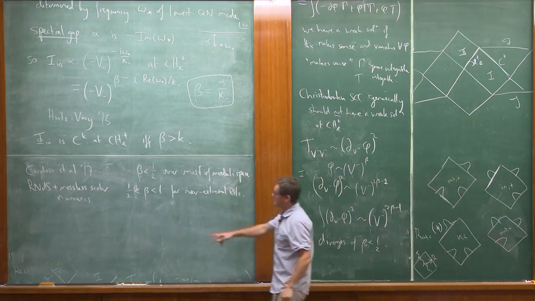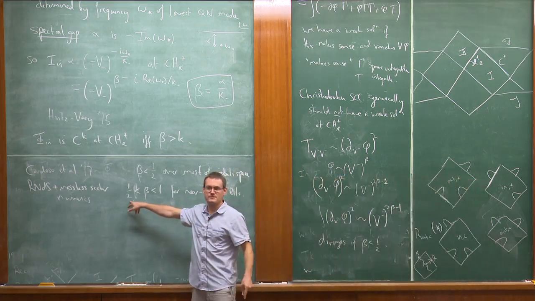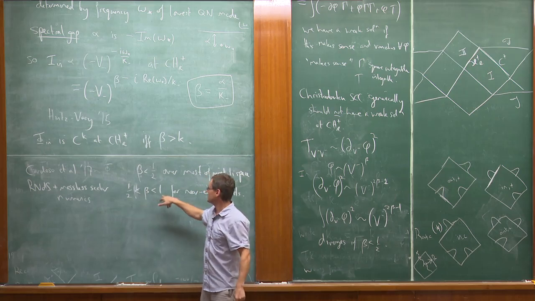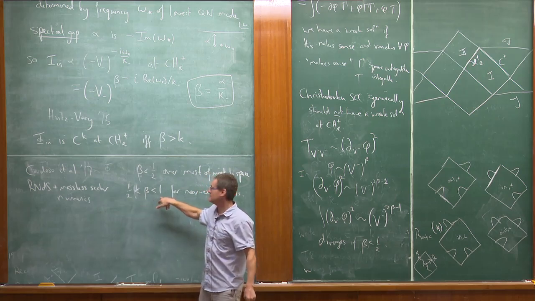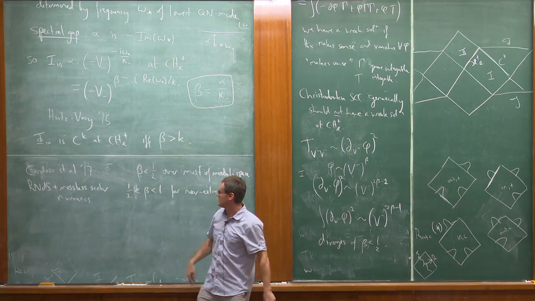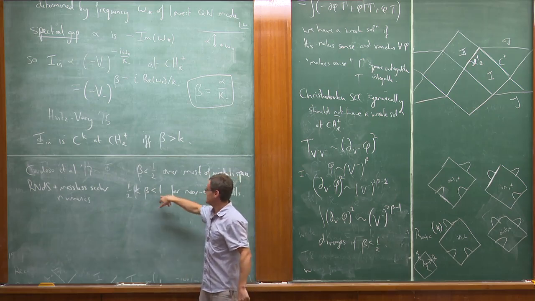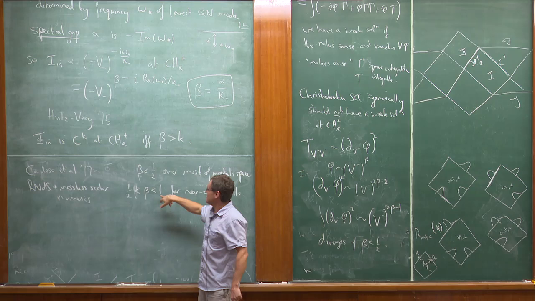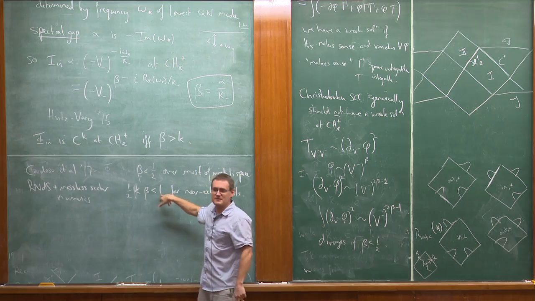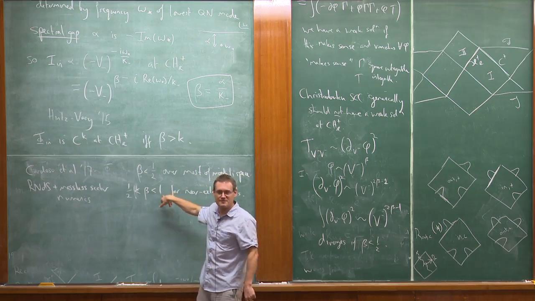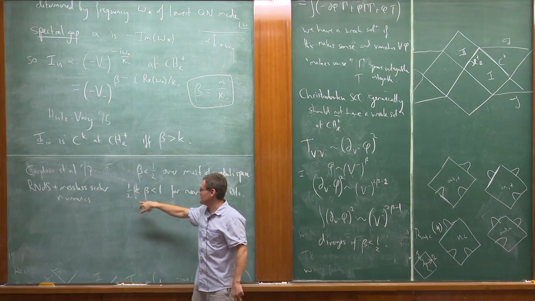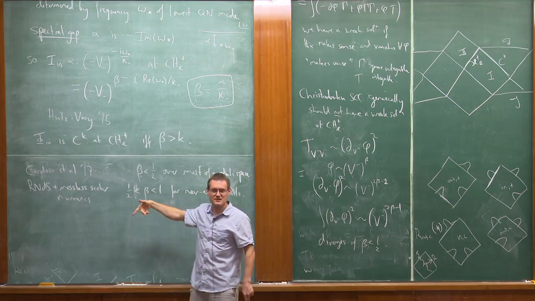So they violate the weak solutions form of strong cosmic censorship, but not the strong version, the other version. Let me say that again. Beta less than 1 means that the stress tensor does diverge at the Cauchy horizon. Beta bigger than 0.5 means that divergence is integrable.